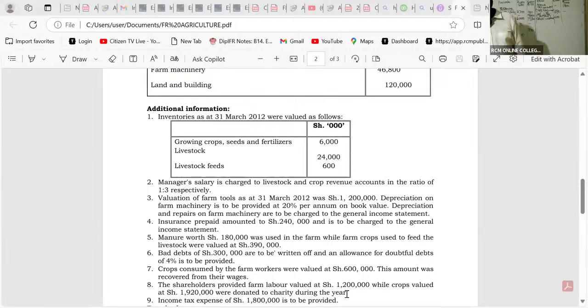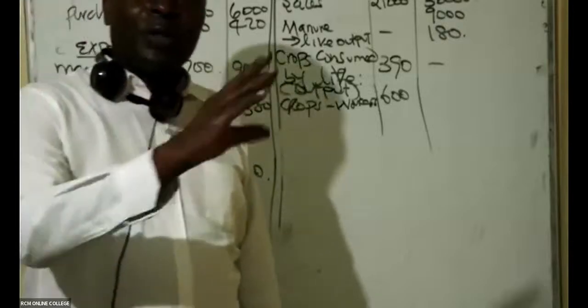year. The shareholders' labor is very general because it's not specific to any biological asset, so you shall not bring it here. But you can see we have crops that were donated. This is very specific to a biological asset. Crops valued at 1920. These crops donated are something getting out of our system.